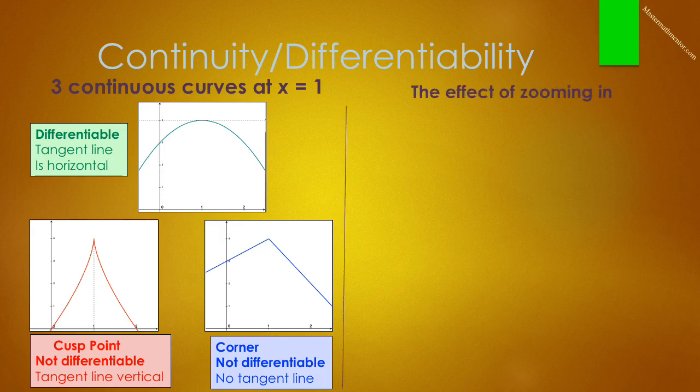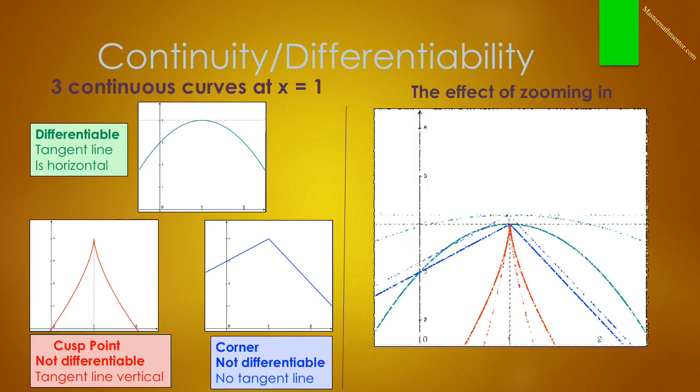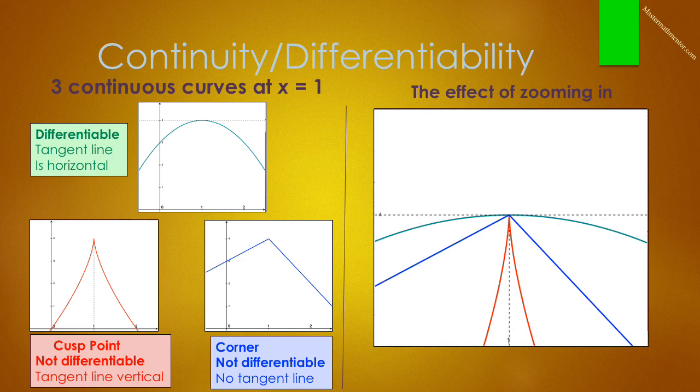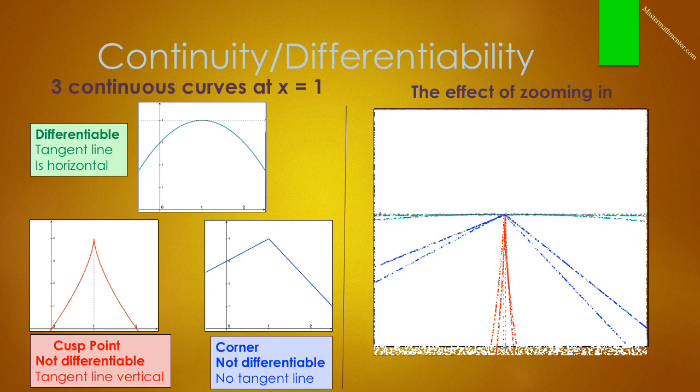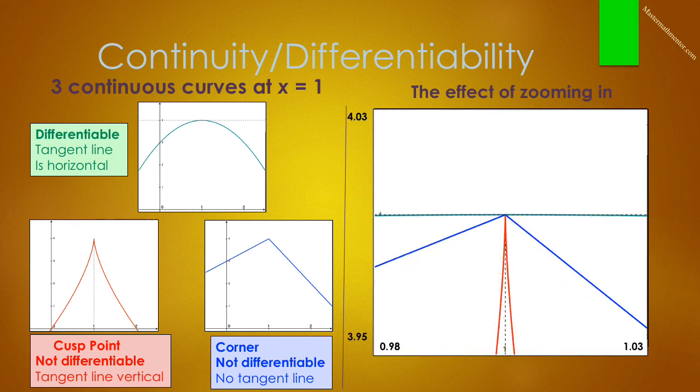Watch what happens when we put all curves on the same screen and zoom into the point (1, 4). We now see the graph in the window with x running from 0.98 to 1.03 and y running from 3.95 to 4.03.